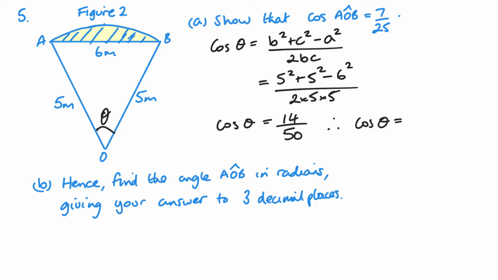Therefore we can see that cos theta is going to be 7 over 25. Part B is nice and easy. We just need to find out theta. So in radians in my calculator, I want the inverse cos of 7 over 25. So this is 1.287 radians. But I'll still store that full value in my calculator.